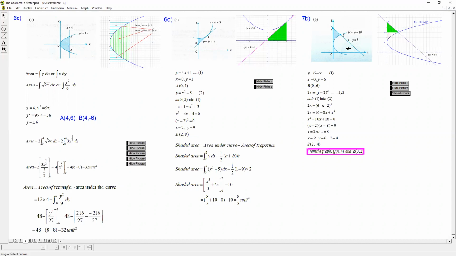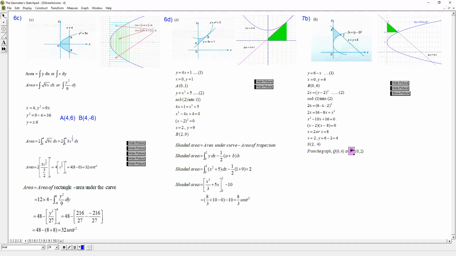Then this point, P, sorry, not R, this one is P. Sorry, this is P. Okay, so I take this one, I overlap on top there.